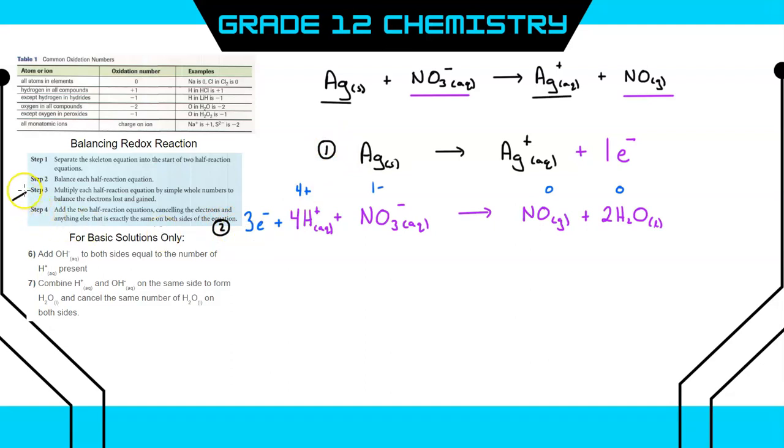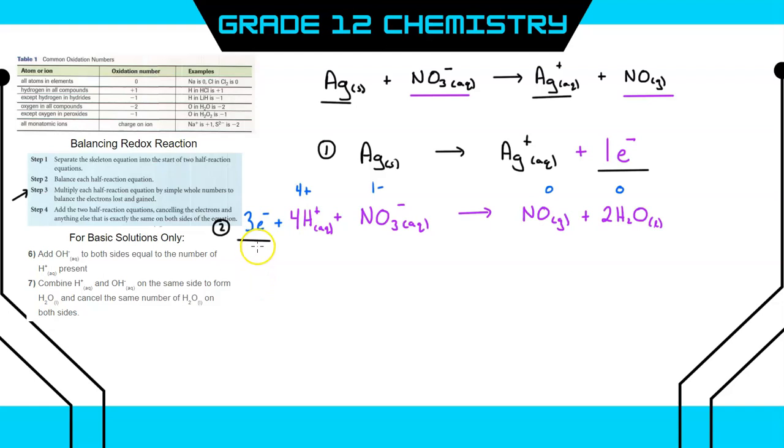Moving on to step 3. Multiply each half reaction by simple whole numbers to balance the electrons lost and gained. This goes back to our previous strategies. We had to make sure that the same number of electrons that were lost are also gained. So we can see right here in our products we have 1 electron, but in our other equation we have 3 electrons in the reactants.